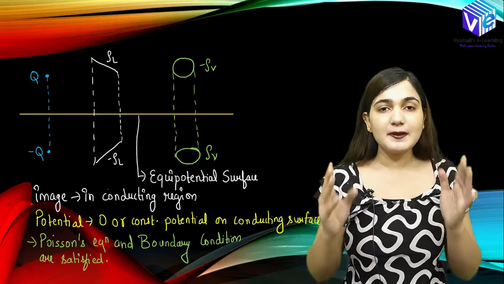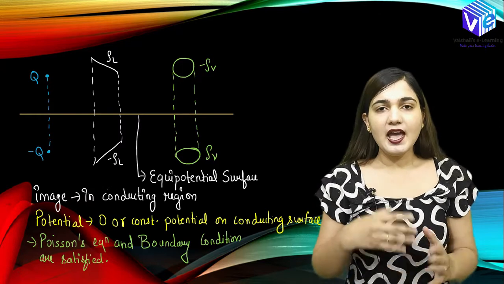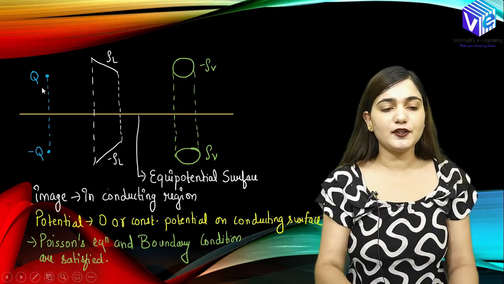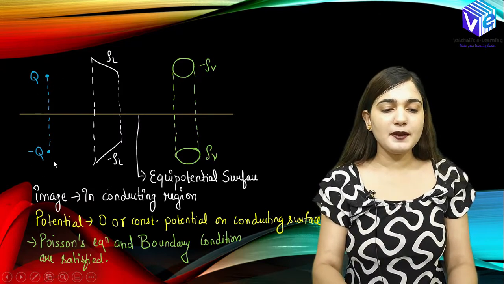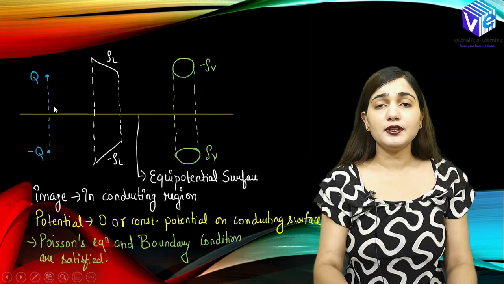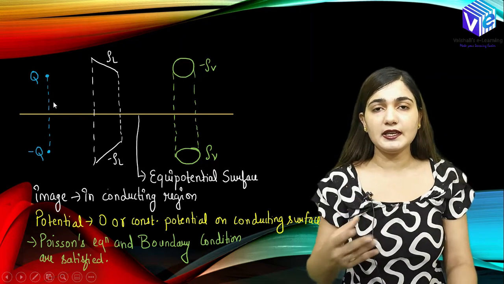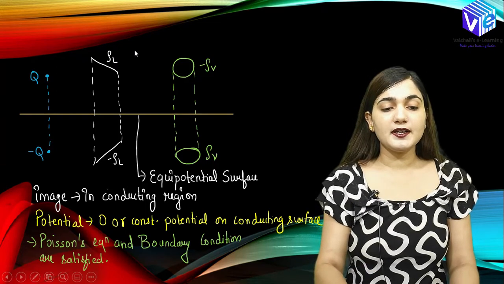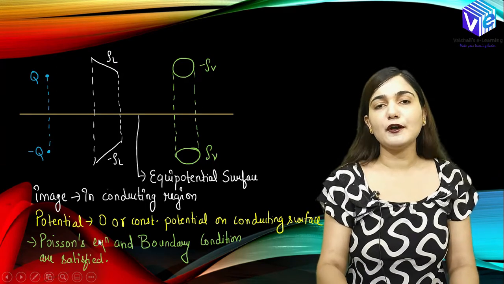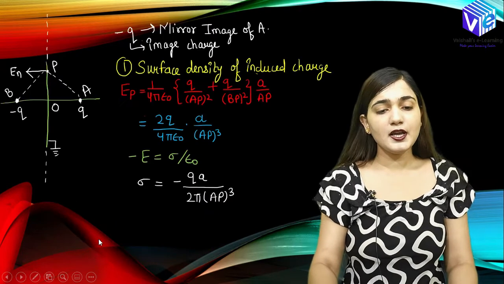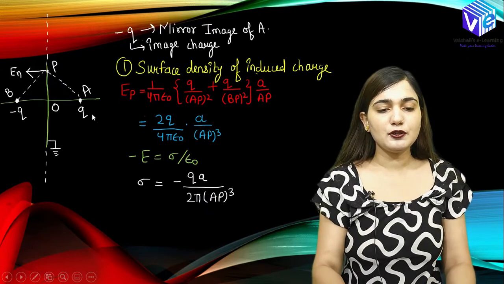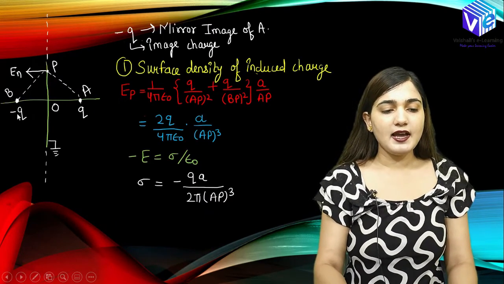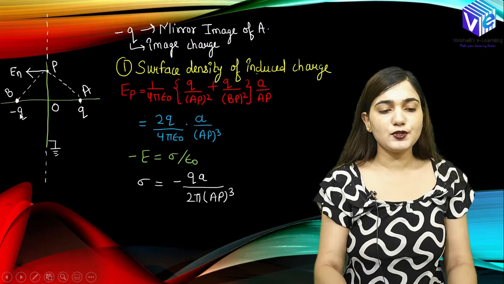We can just simply make the image charge, and with the help of the combination of the two charges, q and minus q, I can find out any of the parameters V, E, D or rho. So we can find out any of the parameters at any point in the vicinity of this charge, right? So I hope you understood this problem. So here you can see we have the minus q charge, which is the image charge.